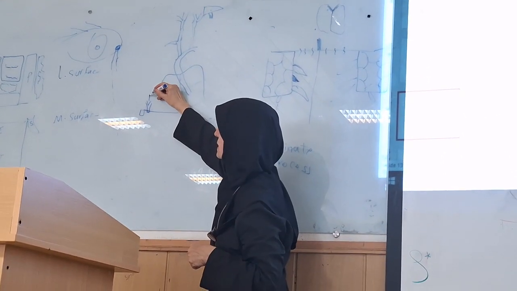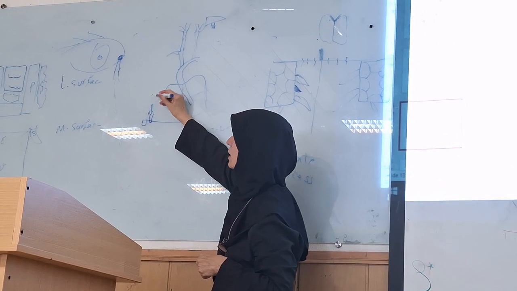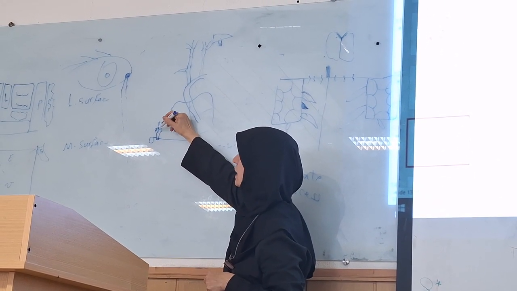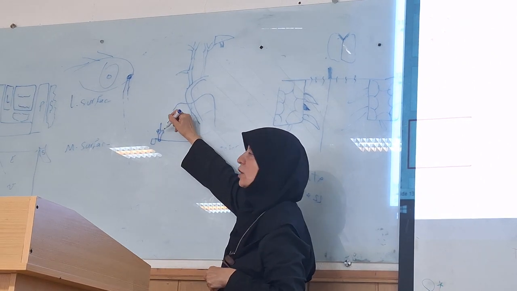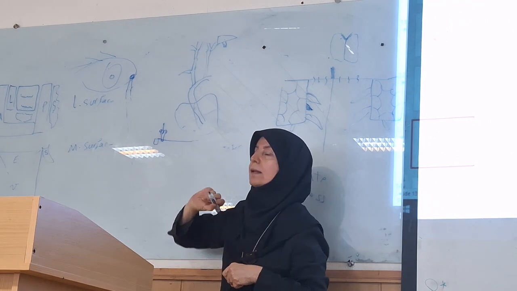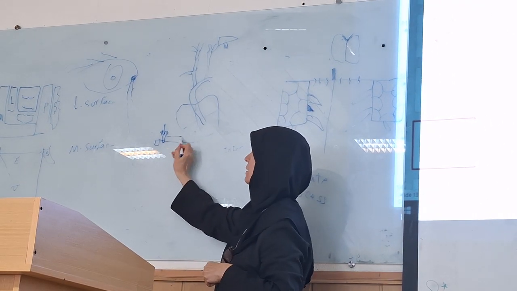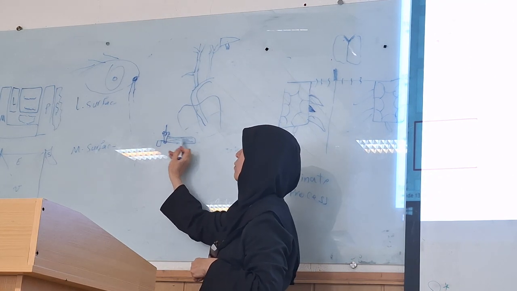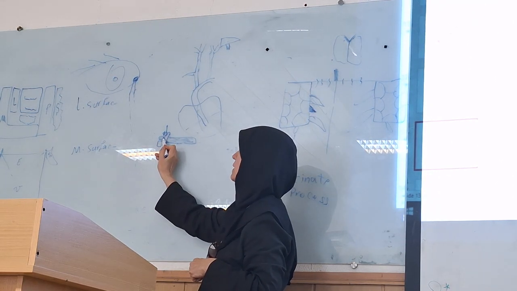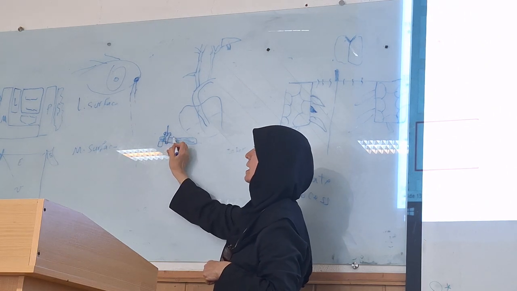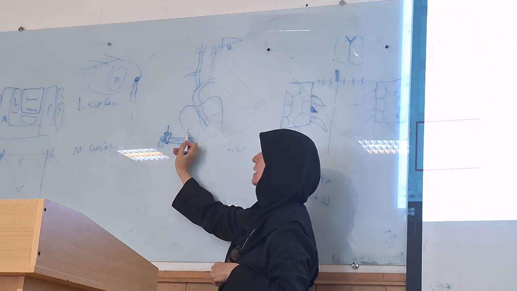So if here is the septum of the nasal cavity, on each side of the nasal cavity you can find a foramen. Here is the roof of the oral cavity, and here is the floor of the nasal cavity.